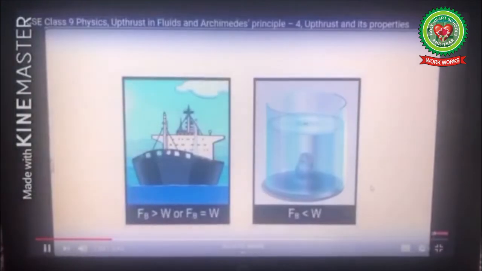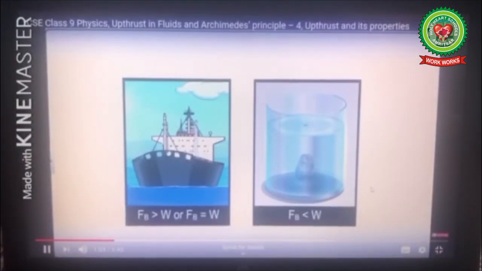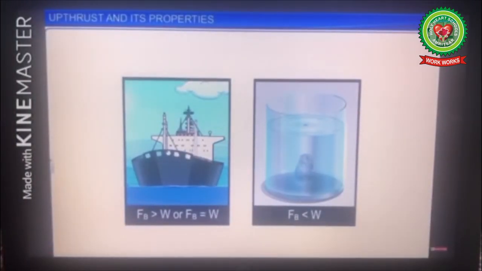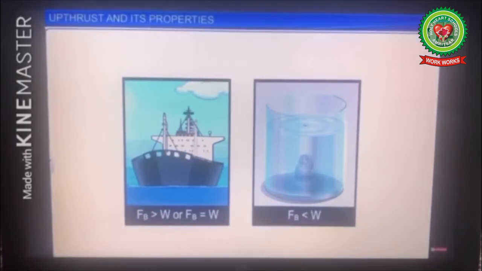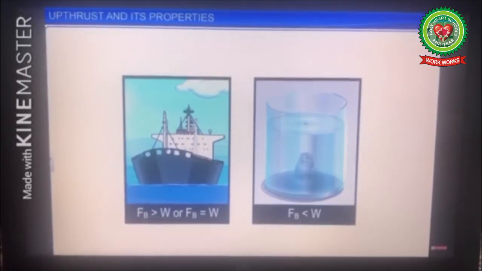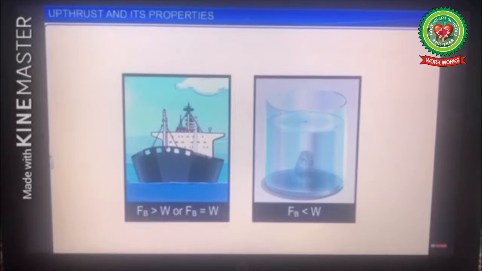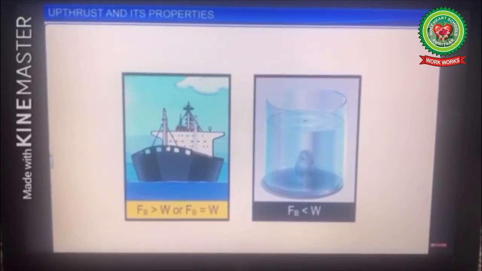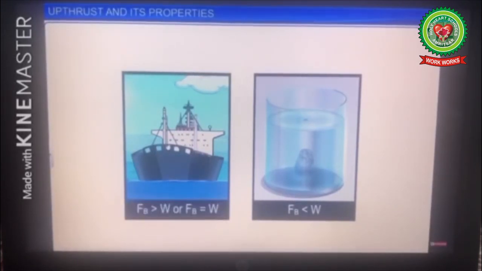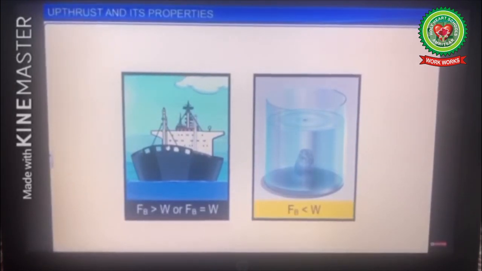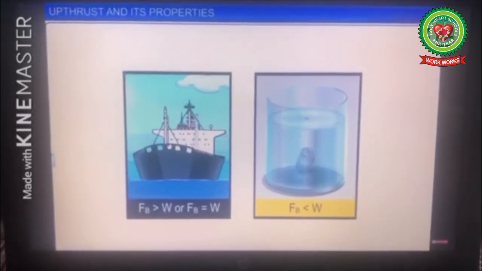Upthrust can be greater than, equal to, or less than the weight W of the body. This upthrust determines whether the body floats or sinks in a fluid. If FB is greater than W or FB is equal to W, then the body will float. But if FB is less than W, then the body will sink.